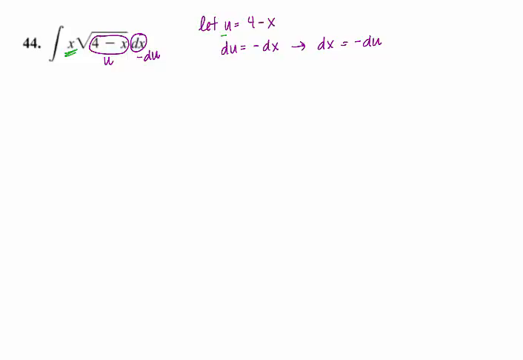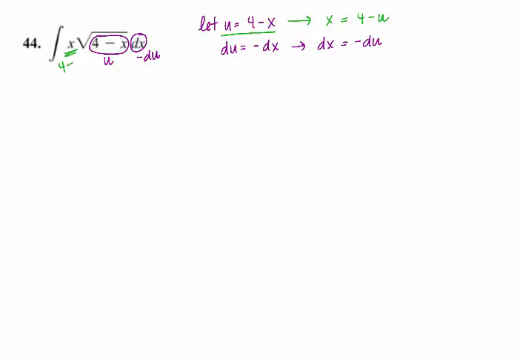We've already developed this bridge, this connection, the relationship between u and x, to be that u is 4 minus x. We can use that to solve our problem of this extra x floating around by solving for x. If u is 4 minus x, then x equals 4 minus u, right? So we could make that substitution here.